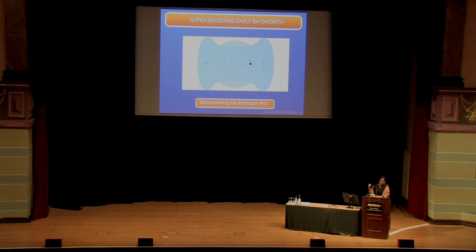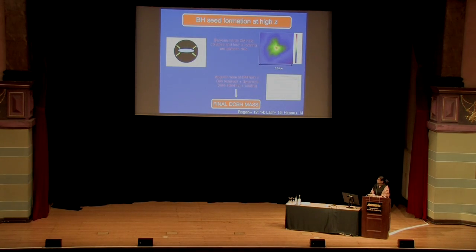For example, if a seed black hole of, say, 10 solar masses does not define the potential, is not sitting in the center, and is actually bouncing around and doing a random walk in a dense nuclear star cluster, which is very gas-rich, then it can grow to about 10 to the 6. So there are light seed models that can grow to make the kinds of seed masses that we want.